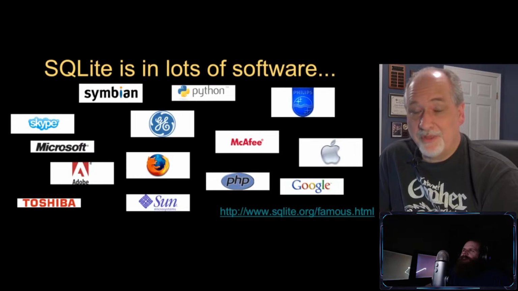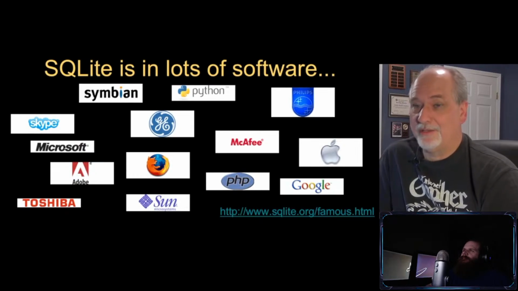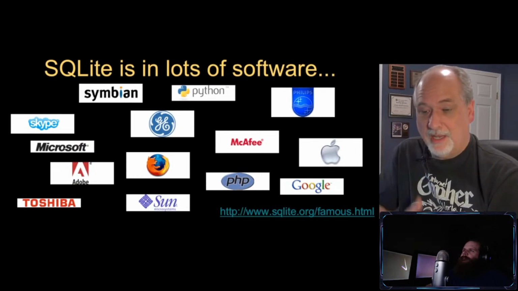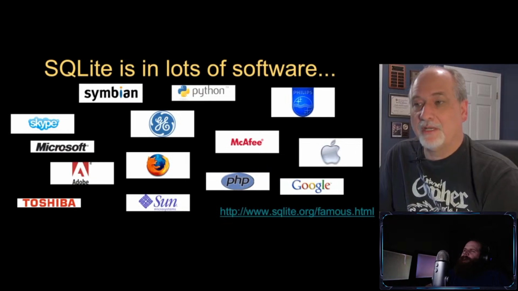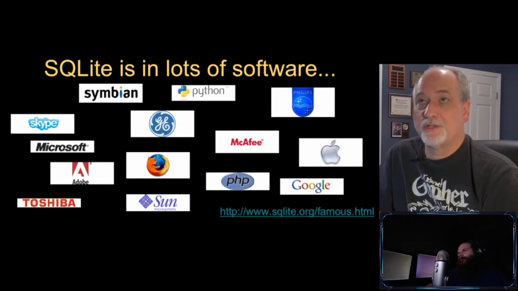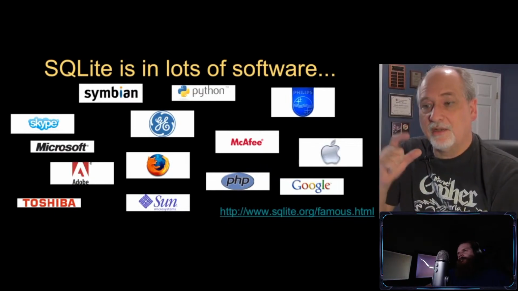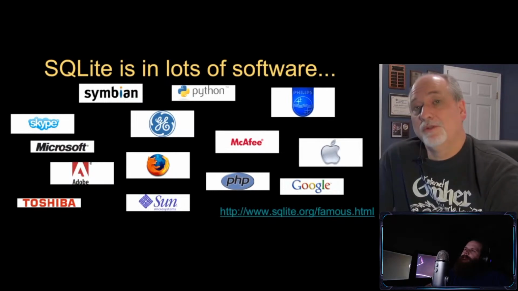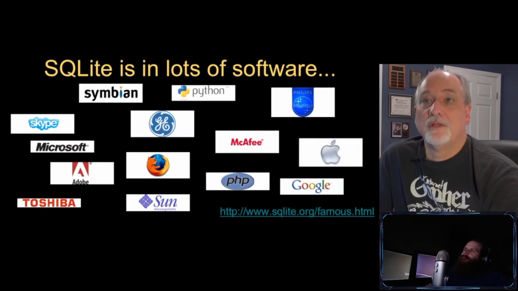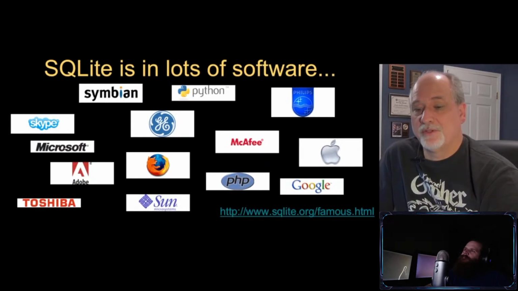Python comes built in with it. You just import sqlite3 and away you go. It's very popular because it's free, it's open source, and it's such a tiny little piece of software that you just include it in other pieces of software and use it to solve the data management problems of those pieces of software.